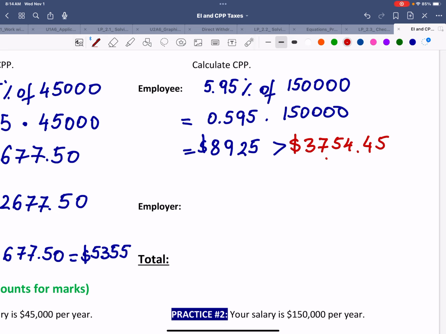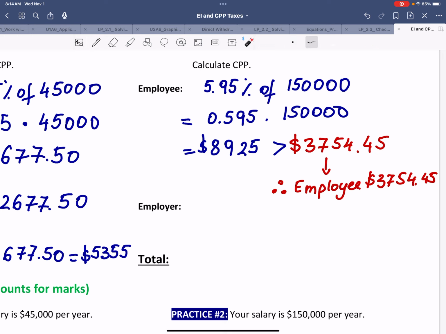So therefore, the amount that the employee pays is $3,754.45.